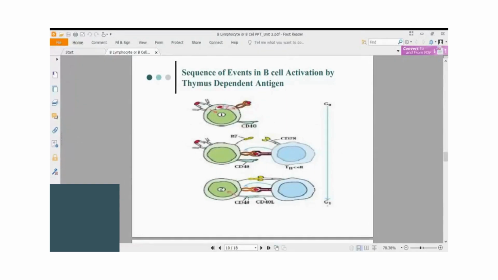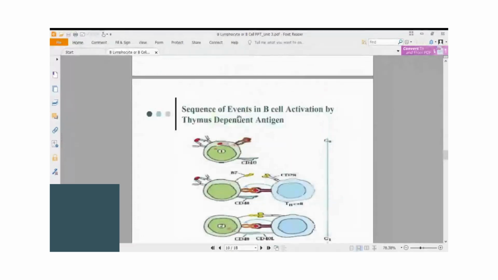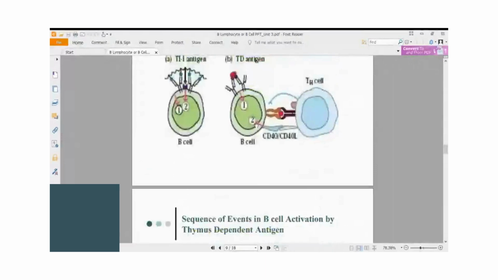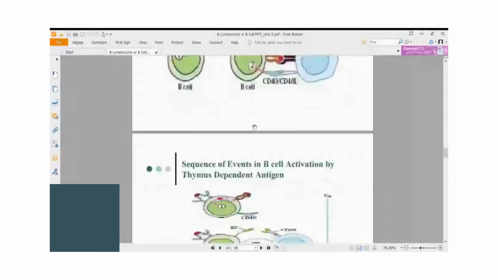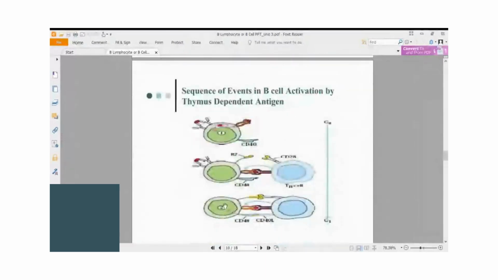So then the CD40 that has established contact with CD40L will establish it so firmly that it will produce signal 2. That is what was shown here, signal 2. And that signal 2 will make that B lymphocyte produce furthermore receptors on its surface to establish firm contact with the TH cell.